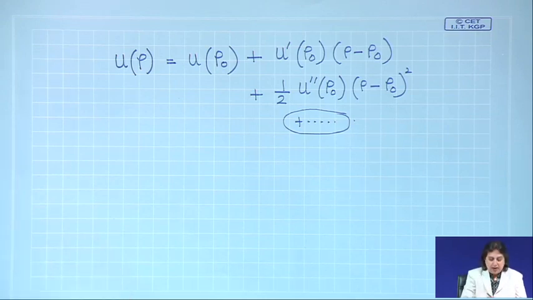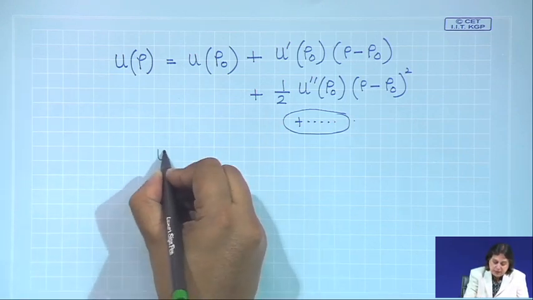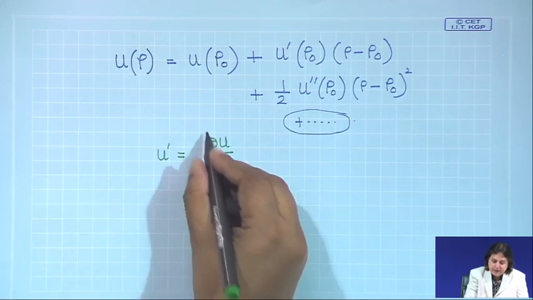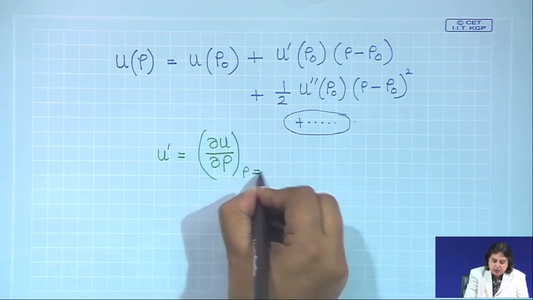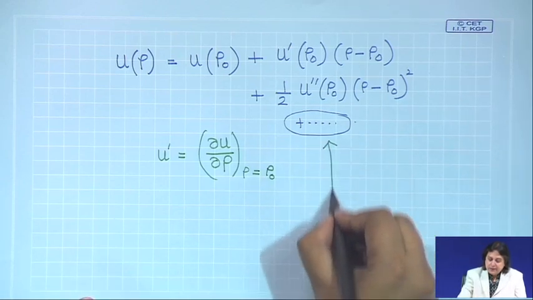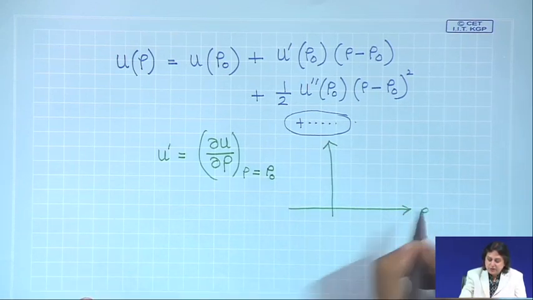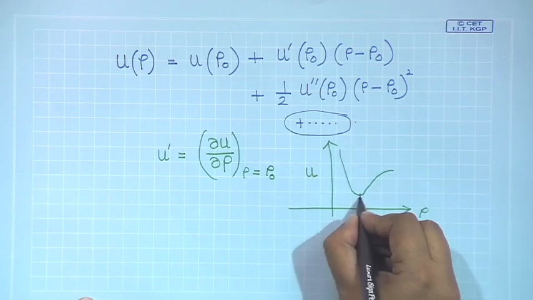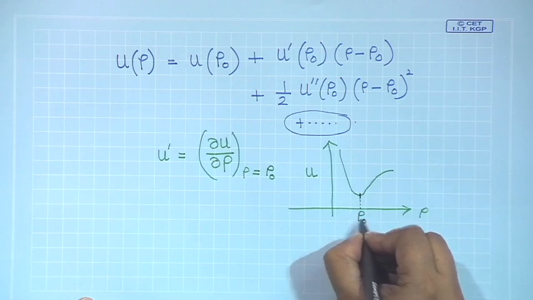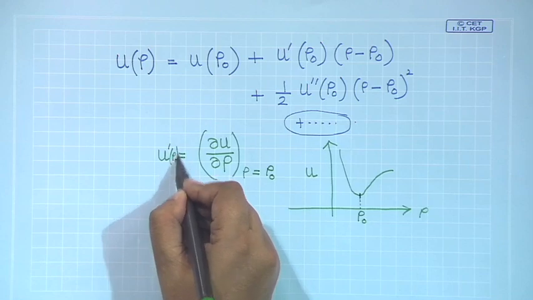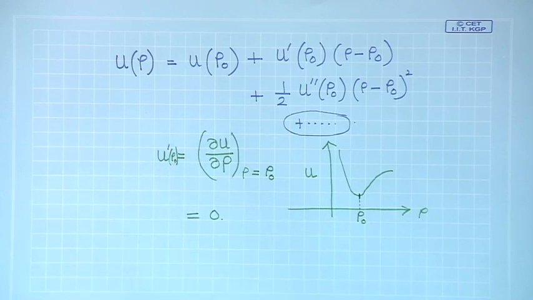I can also have some more simplification, because here what is u prime? U prime is equal to del u del rho evaluated at rho equal to rho naught, that is the equilibrium bond length. If you will remember, we have already shown that as a function of rho, u of rho shows a minimum at rho naught, and therefore, when evaluated at rho naught, this term must be equal to 0.